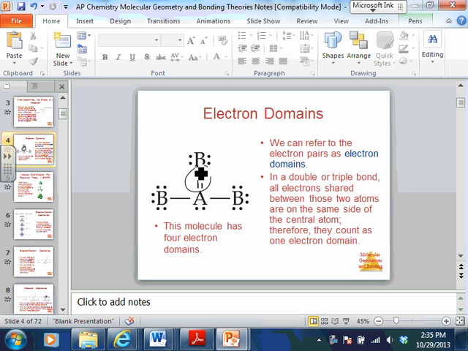For the first 3 pairs of electrons around the central atom, it's not that difficult. And actually, you really only have to worry about when there are 2 domains around the central atom. You don't have to worry about 1 domain around the central atom. That's just a bond, and it's going to be linear, right?